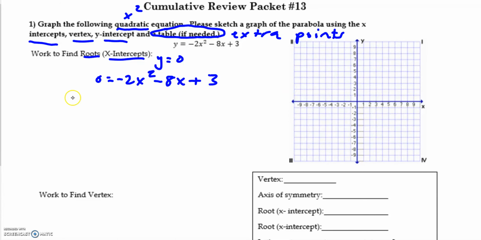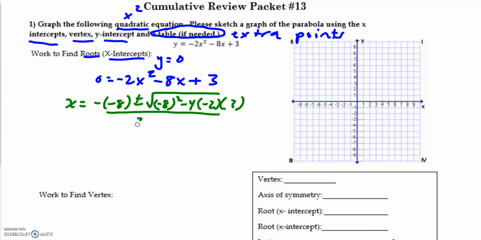So I have x equals negative b plus or minus the square root of b squared minus 4ac, all over 2a. X equals positive 8 now, plus or minus the square root. Negative 8 squared is 64.